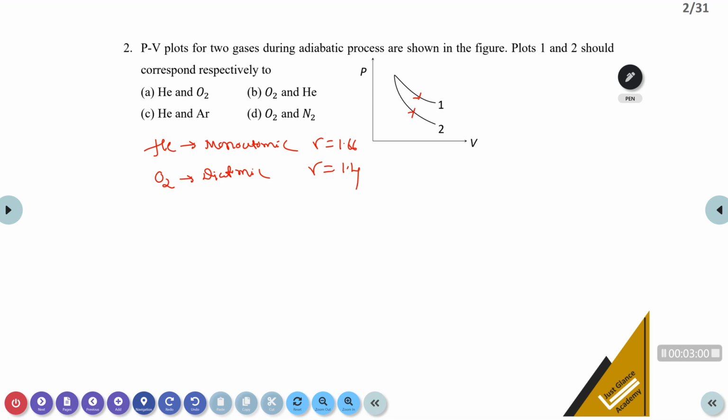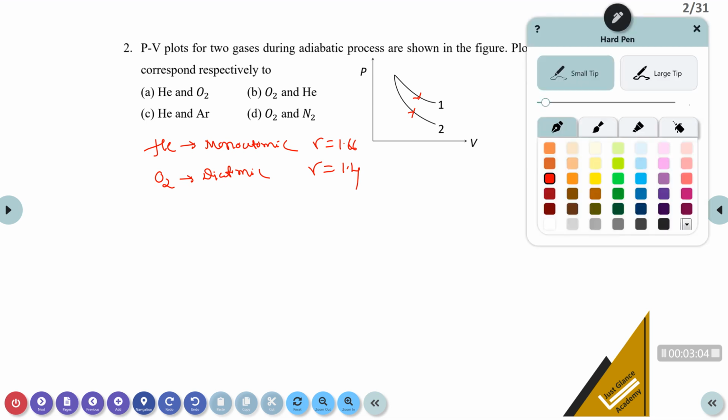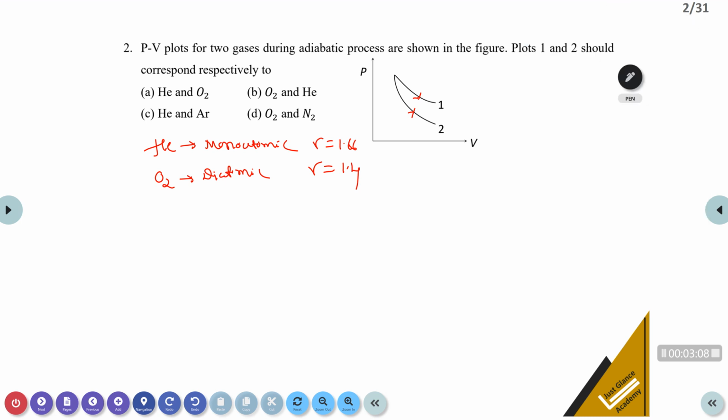This is the first point. The second point, remember students, is that the slope is more for this curve. Slope is directly proportional to gamma, that we know. So the slope is more if gamma is more.